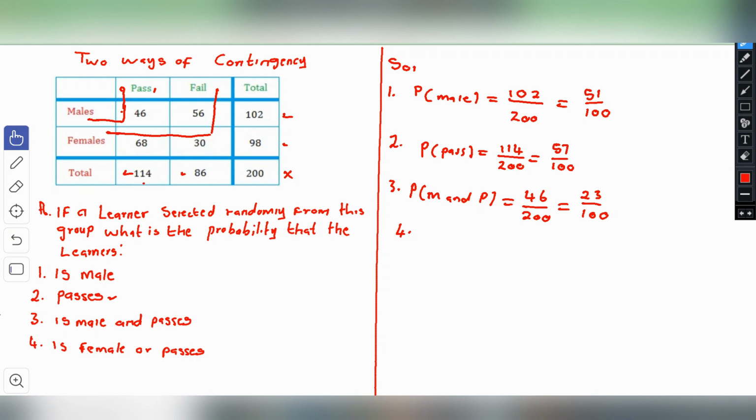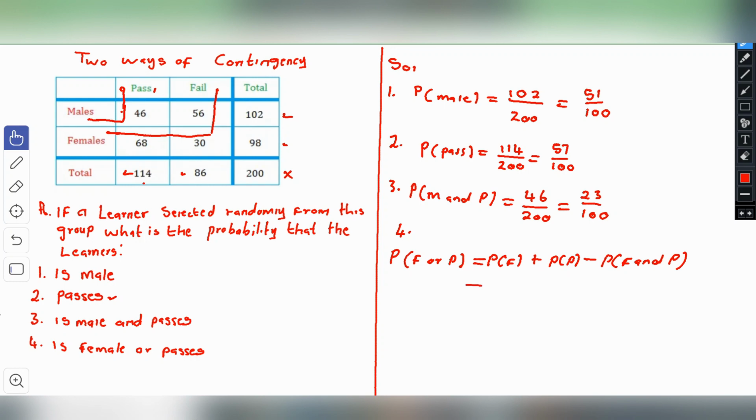Now number four is different because it says what is the probability that the learner is female or passes. So whenever you see this with or passes, you don't solve it like the one we did for and. It's different. So for or, we are going to write our formula, our addition rule formula, if you still remember, which is the probability of female or pass is equal to the probability of female plus the probability of pass minus the probability of female and pass, right?